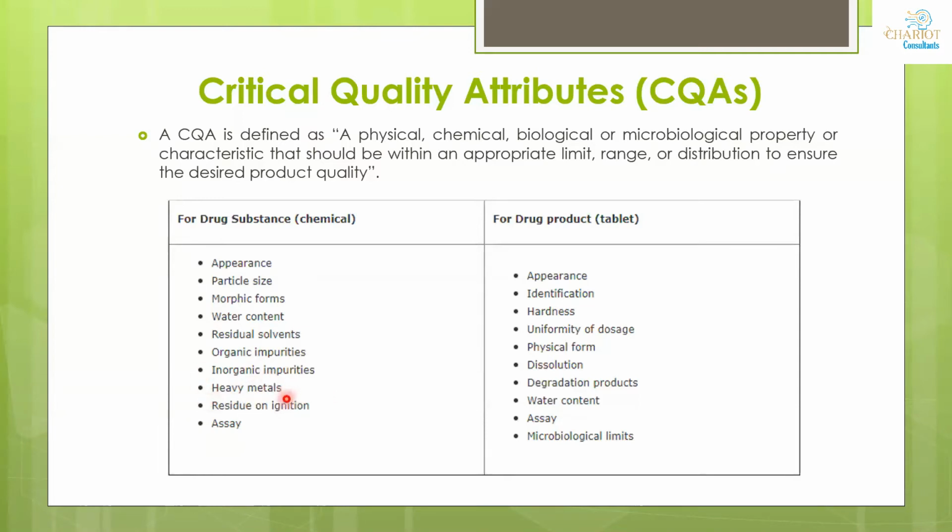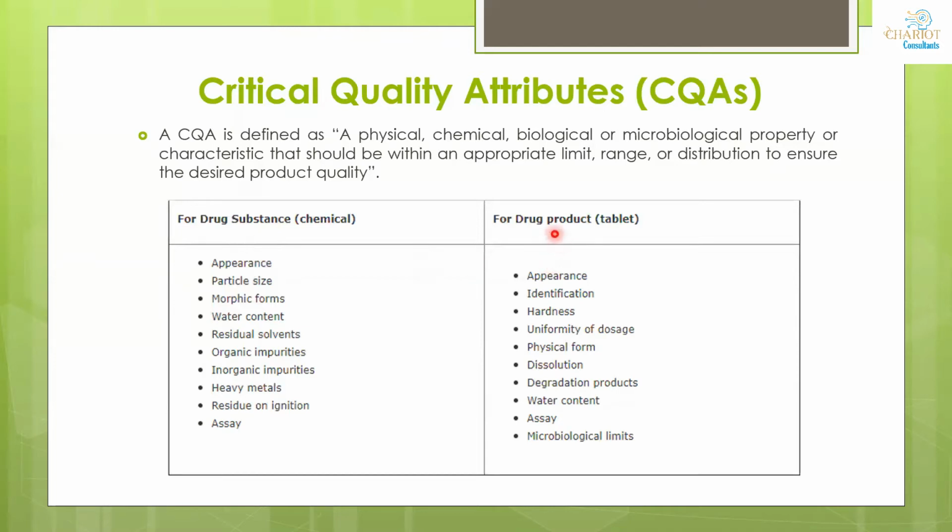The regulatory agencies have set limits that these should not be above. Residue on ignition, your assay values. So all these parameters are critical attributes in terms of drug substance.